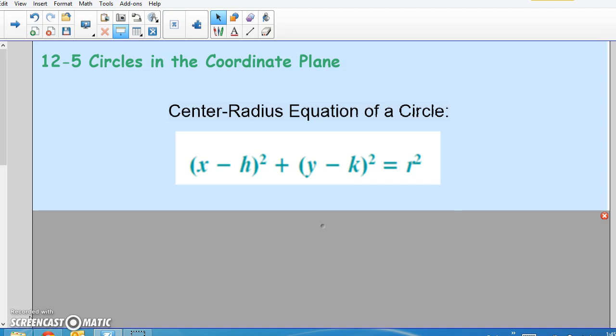So the center radius equation of a circle is (x minus h) squared plus (y minus k) squared equals r squared.